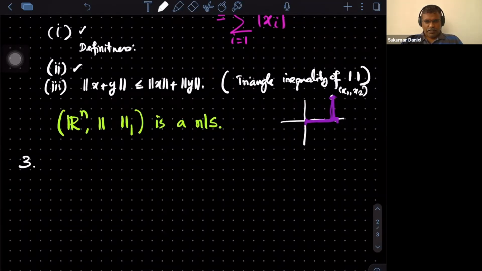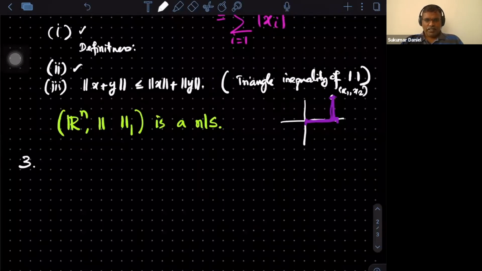So it is like x1 is with some norm, norm 1, and x2 is with norm 2. Now I'm considering a new vector space, x1 cross x2, which has two coordinates. The first coordinate is coming from x1, the second coordinate is coming from x2. That's a new vector space, because the Cartesian product of vector spaces is also a vector space.